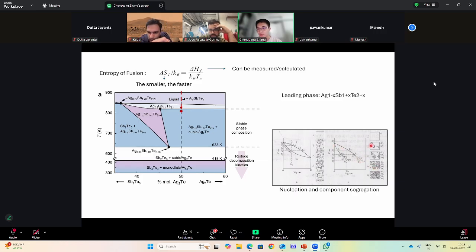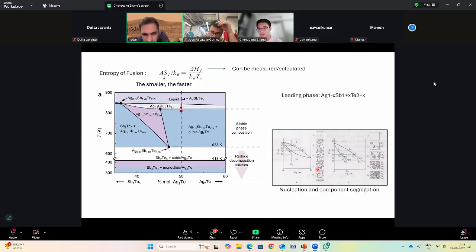Your sample tends to form layer by layer, compressing with each other, rather than, if you use an equilibrium phase formation, it's almost a single grain.